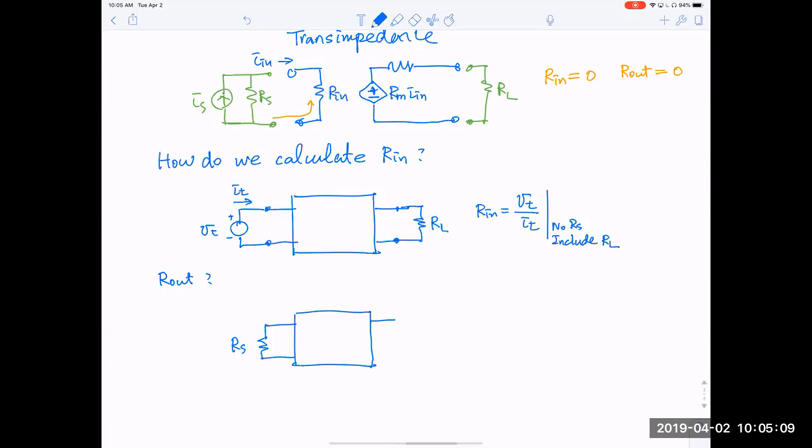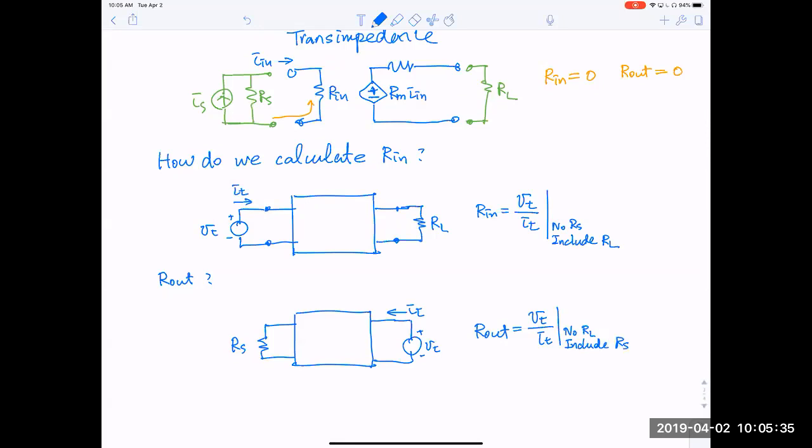So we take RL out and just attach a test voltage source, VT, and generate IT. This is a 2-port circuit, so Rout is basically VT divided by IT, but this time no RL, but include RS.